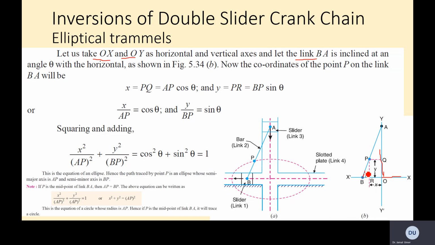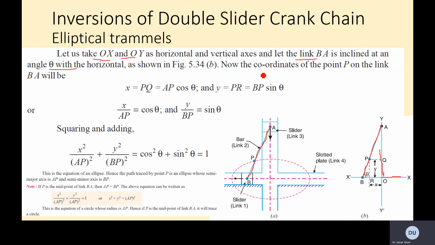So this is the link BA, inclined at an angle theta with the horizontal. So basically this AB is forming a link and forming an angle with the x-axis, for example, theta. So we are drawing on the Cartesian coordinates.